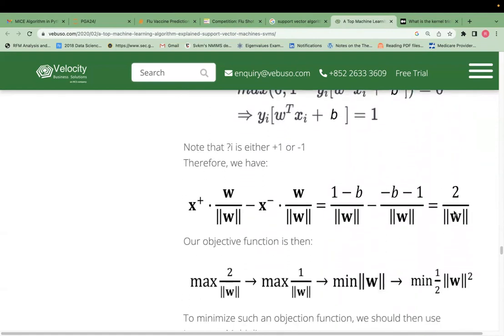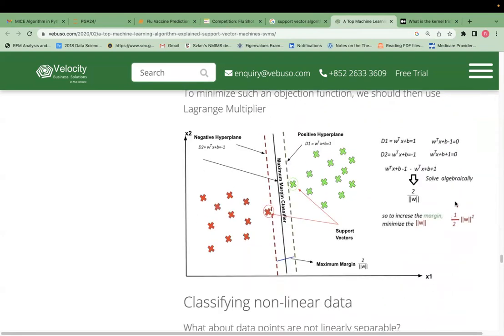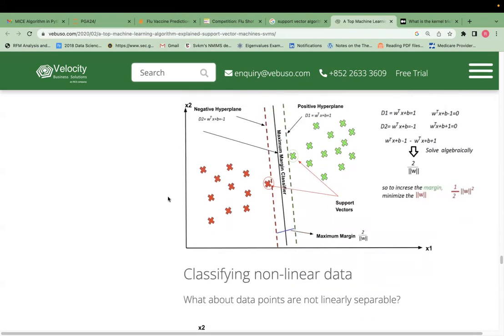The objective is to maximize the width, 2 divided by the magnitude of W. This is the objective of the support vector machine. So here, if you look at the support vectors, D1 is equal to W transpose X plus B equal to 1. W transpose X plus B equal to 0 is the decision boundary. Plus 1 is the positive hyperplane, minus 1 is the negative hyperplane.